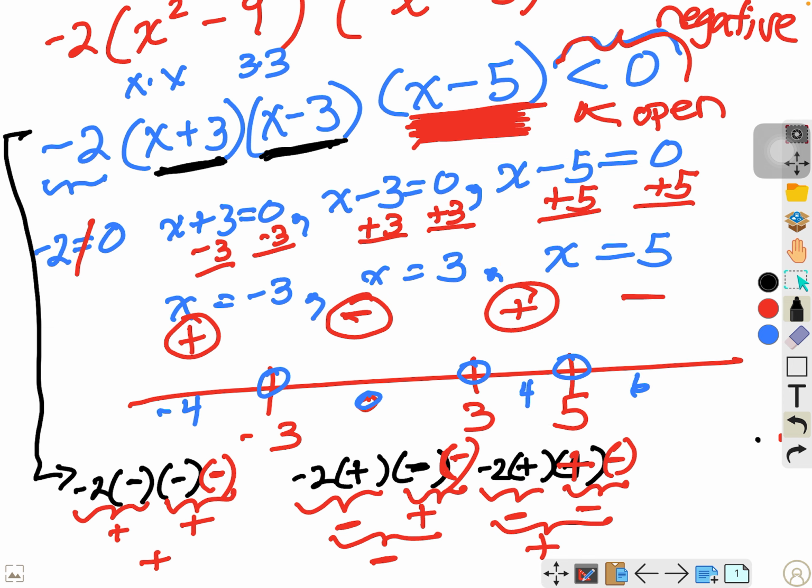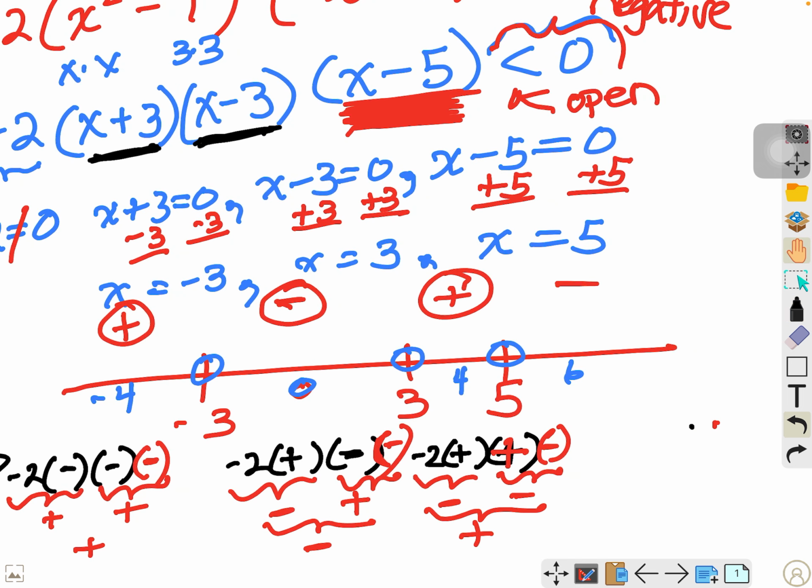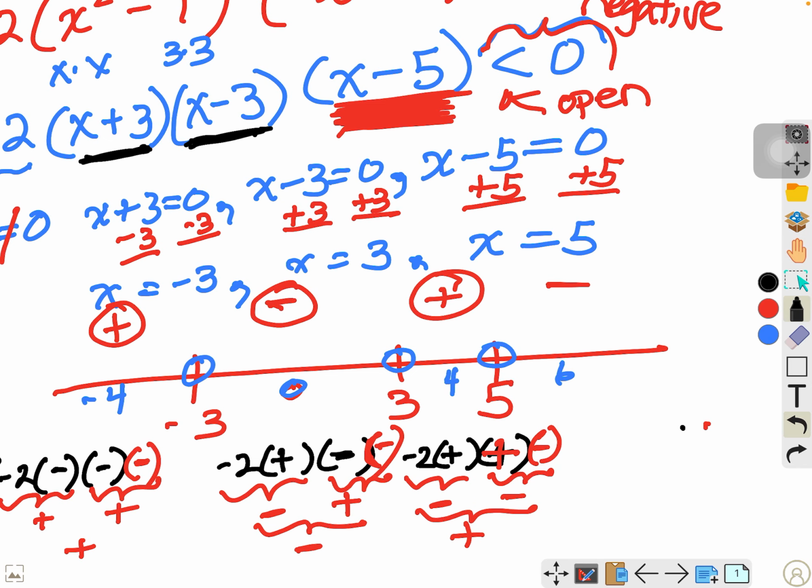And finally, let's test the fourth and final region. And we're plugging 6 in here. 6 plus 3 is 9. That's positive. 6 take away 3 is 3. That's positive.